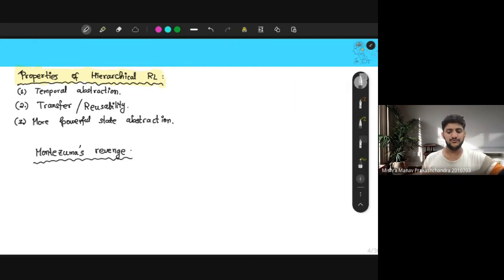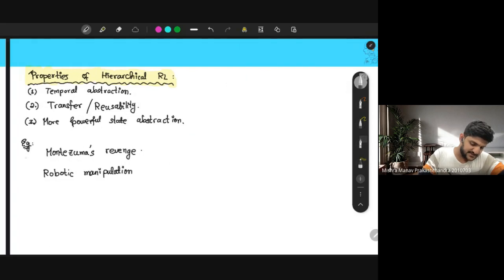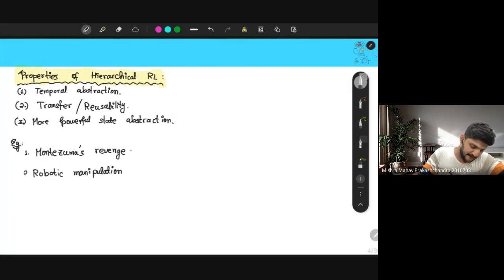Similarly, if I want to do something about robotic manipulation, let's say I have a robotic arm that needs to do a pick and place operation.